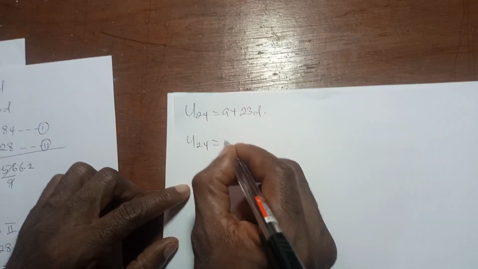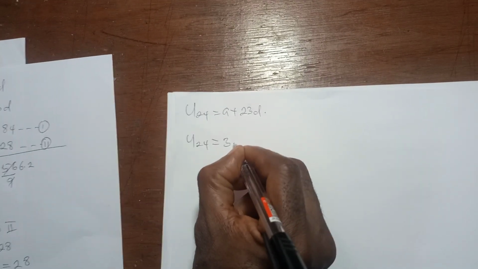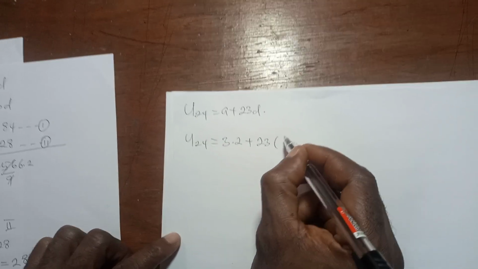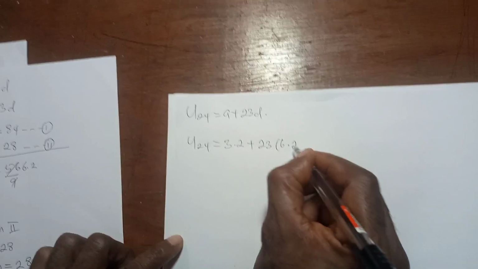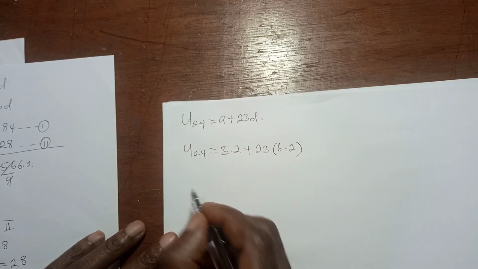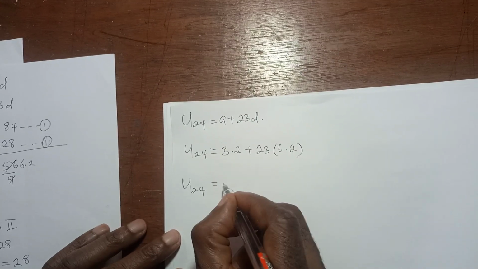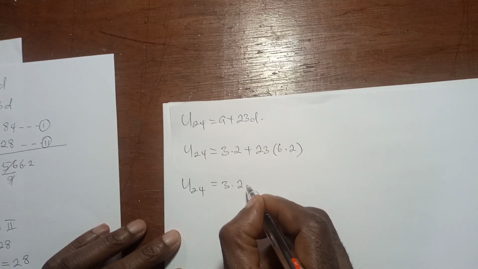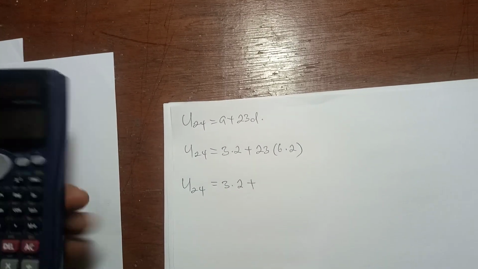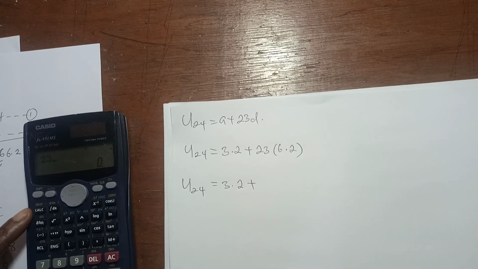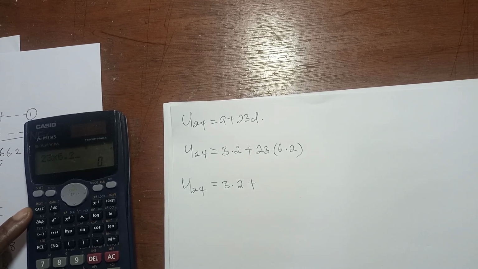So we have A, which is 3.2, plus 23 brackets 6.2. So we have that our U24 now is equal to 3.2 plus 23 multiplied by 6.2.